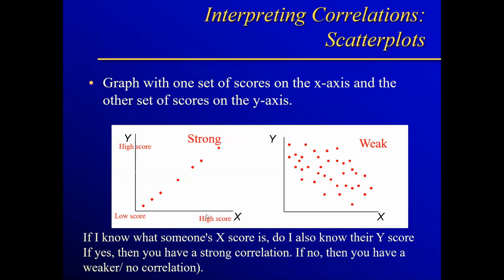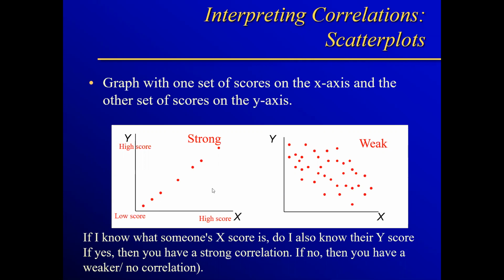If I know someone's social media addiction score, do I also know their depression score, the score graphed on Y? If the answer is yes, 100%, you have a really strong correlation. If the answer is no, I can't guess that, and I'll show that visually in a second, then you have a weaker correlation, or potentially no correlation.